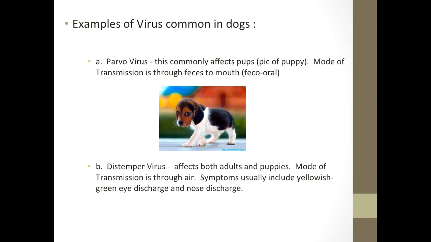This is primarily the reason why we have an isolation waiting area, an isolation ward, and an isolation room. These are specifically for patients that are positive for distemper, because you don't want to expose them to the general population, because they will infect a negative dog.